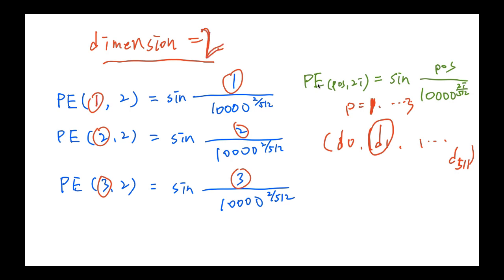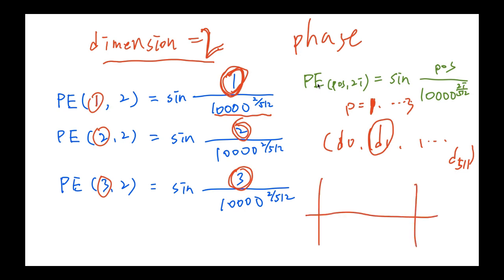In the fixed dimension, you will have different phases here. This represents the wavelength; because you fix the dimension, your wavelength is fixed. Then you only differ in this numerator, which controls the phase of your sine wave. So you have very different phases of the sine wave, and depending on your position, you have a different value here. This is your sine wave.